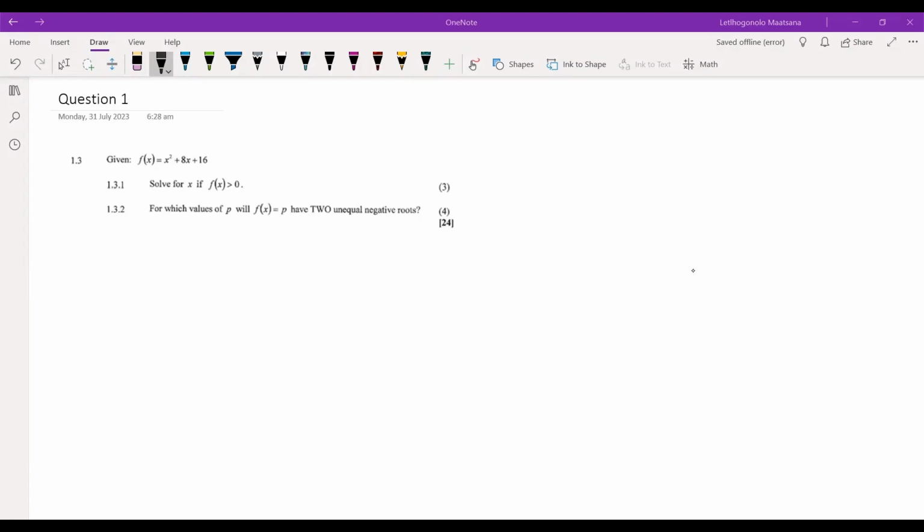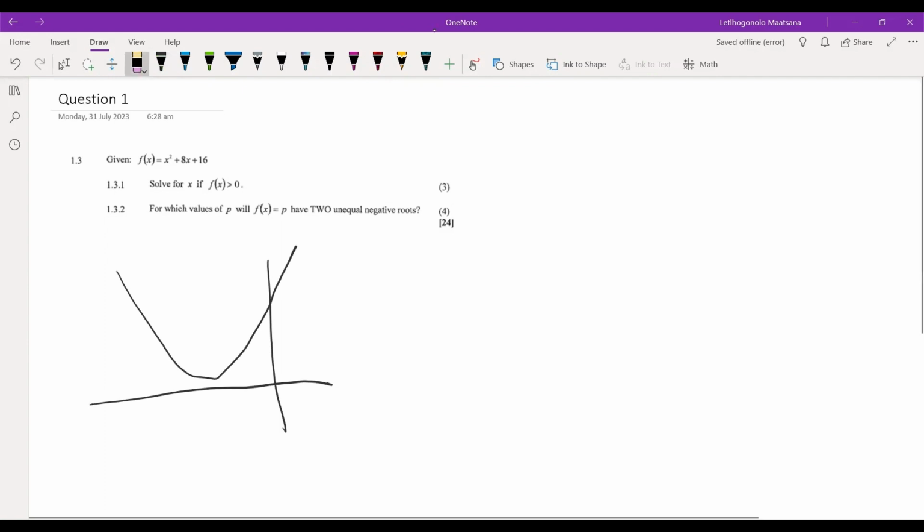This is what our graph looks like, for now. That's supposed to be touching, so let's just take it down a little bit.